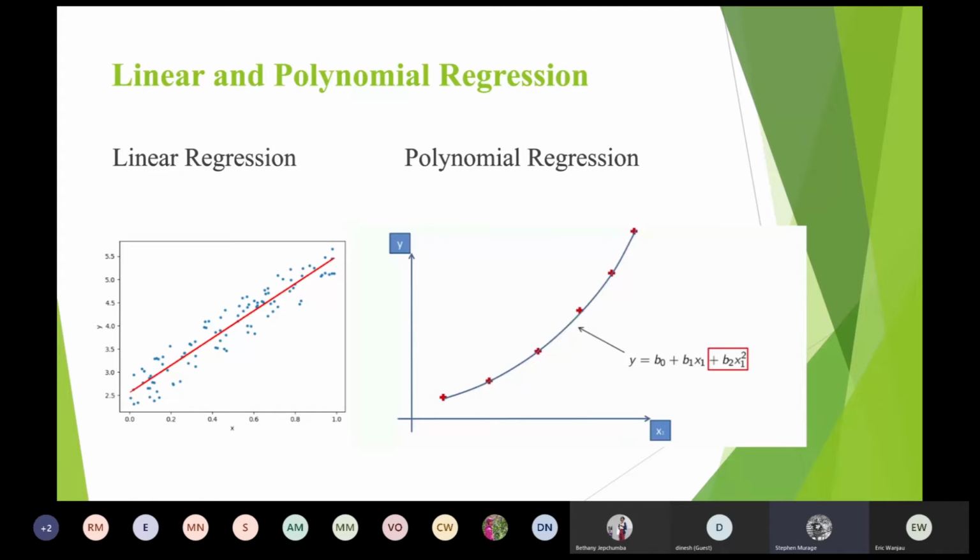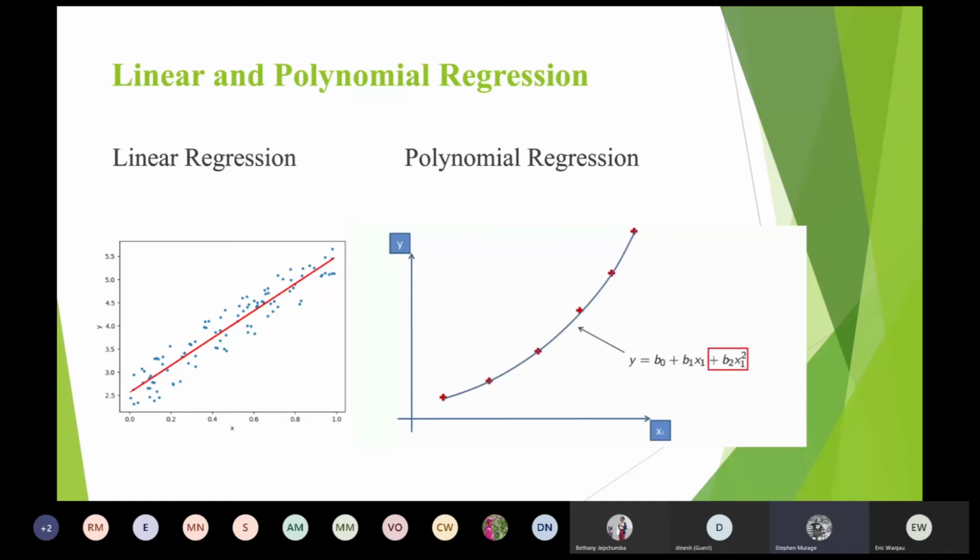And as you can see, the data there is related linearly. For the polynomial regression, as you can see, it's curvilinear. So there's a curve. You can fit a linear regression onto this, but you will not be maximizing the output, and your predictions might not be that accurate.